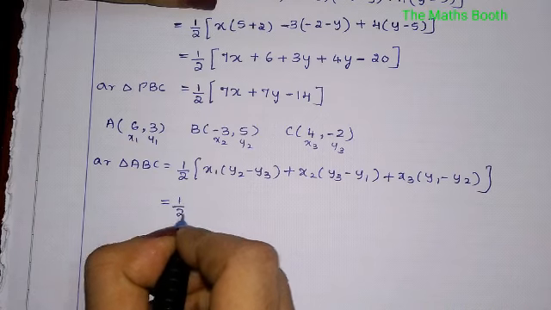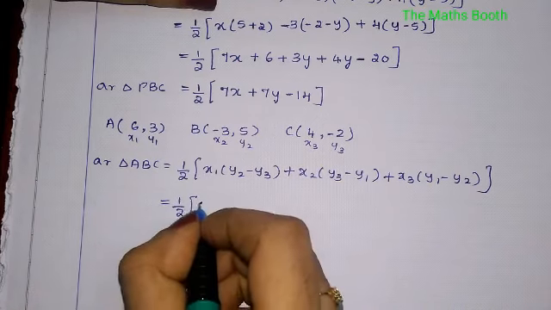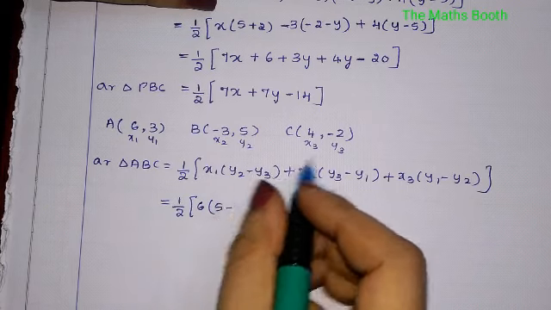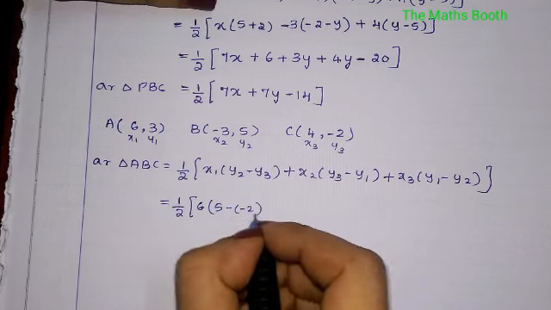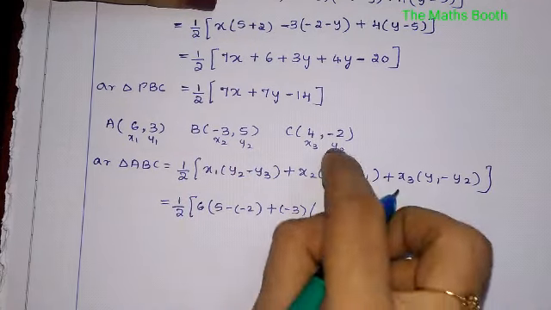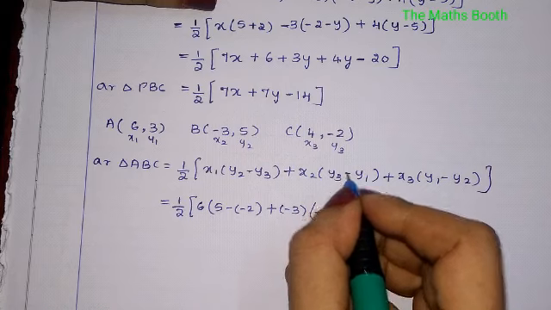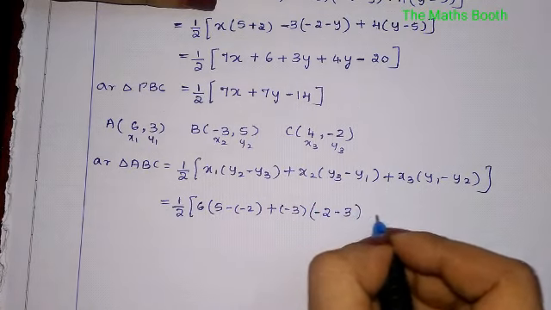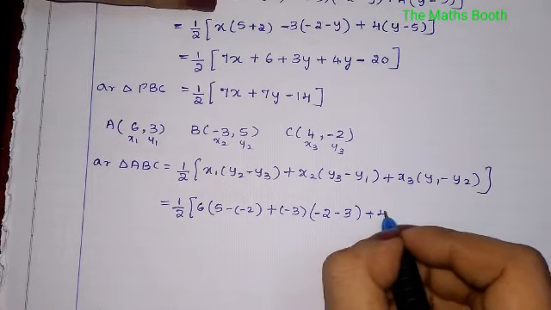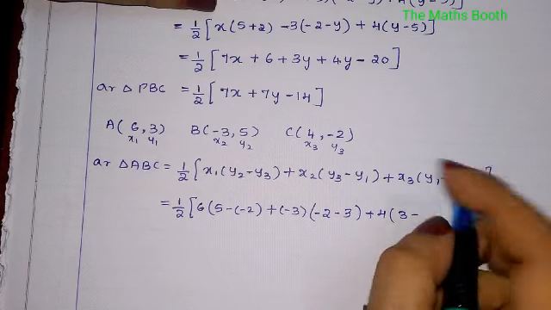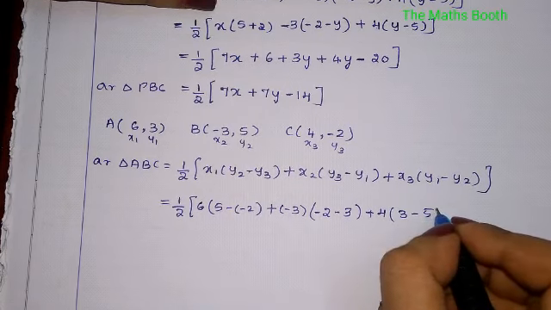Half as it is, x1 value is 6, y2 value 5, minus sign as it is, y3 minus 2, plus x2 minus 3, y3 minus 2, formula minus as it is, y1 3, plus x3 value is 4, y1 3, formula minus as it is, y2 5.